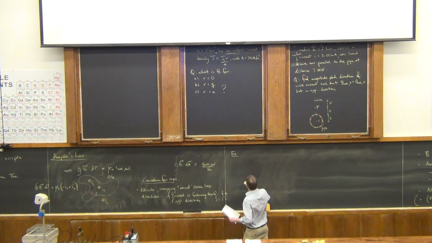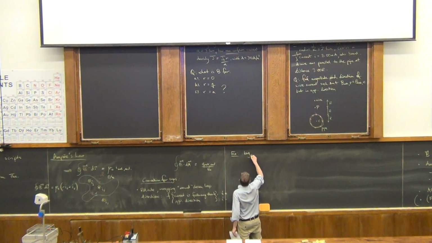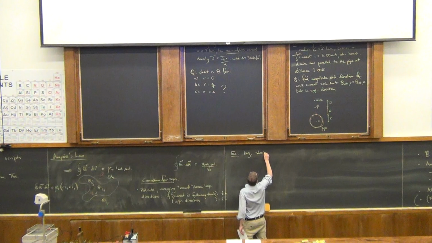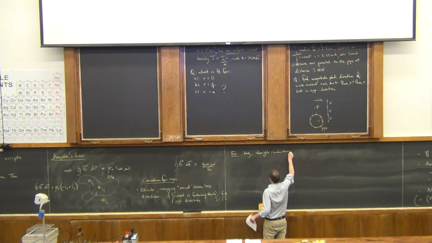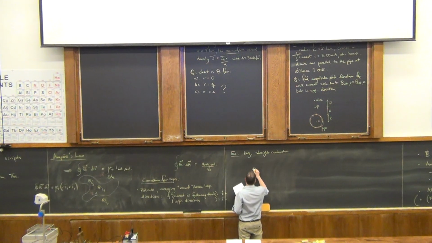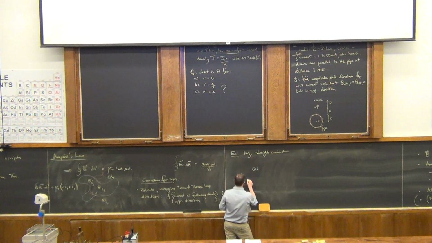So a long straight conductor, I'm going to draw this coming towards us like so, and we are going to figure out the magnetic field at a point a distance r away.